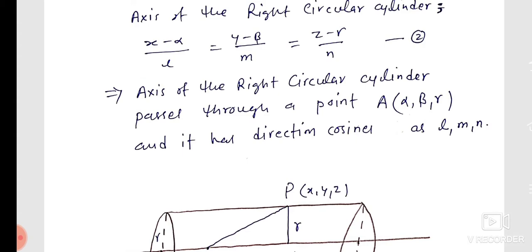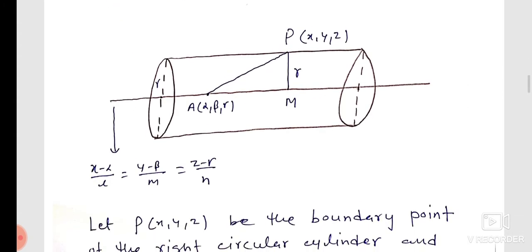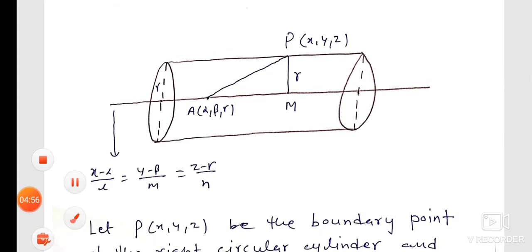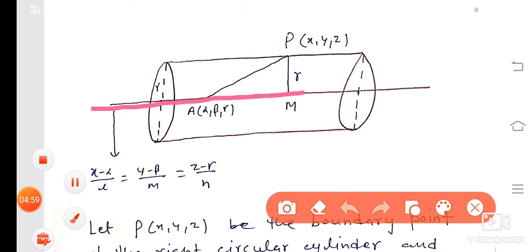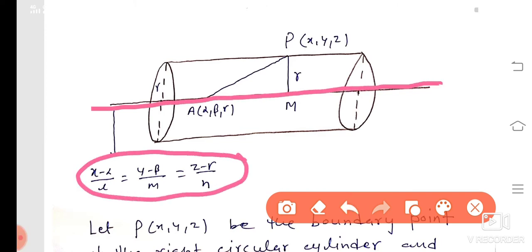In the diagram we can show these things. So this is the line of the axis, whose equation is this. We know that this line is passing through a point A whose coordinates are A(alpha, beta, gamma).